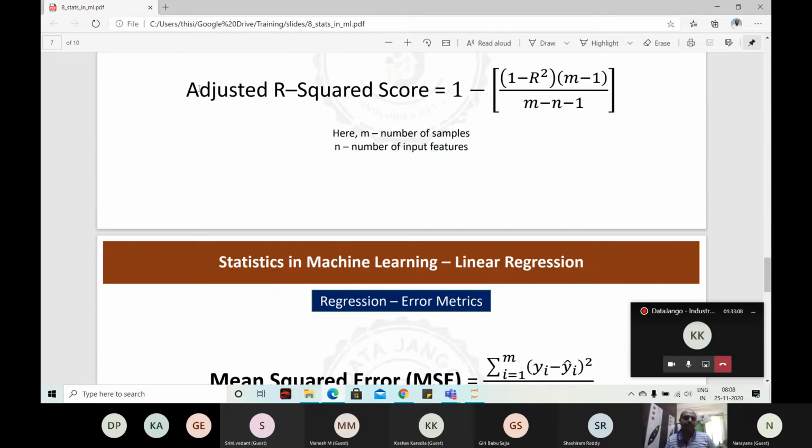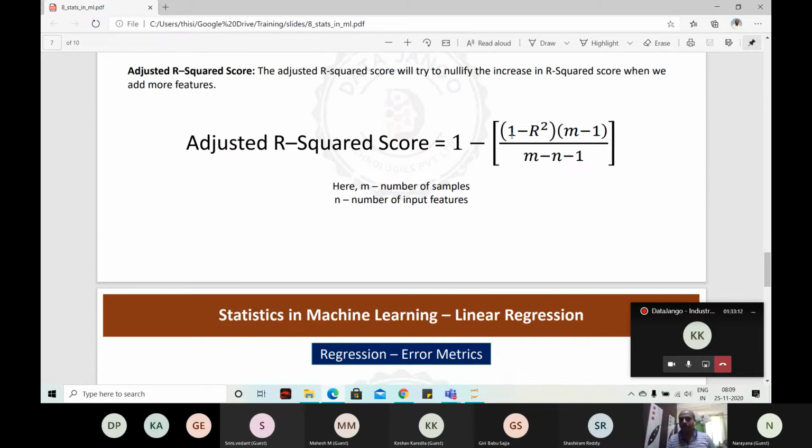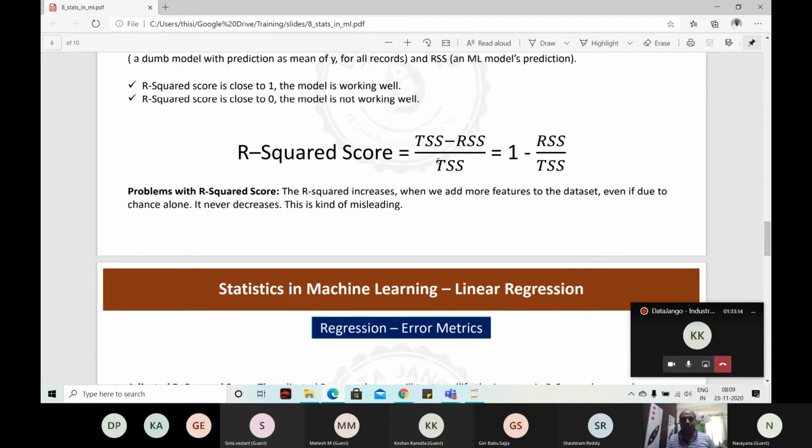The next thing is adjusted R square score. The problem with R square score is that when you have 10 features and build a model, you may get 0.9 accuracy. If you add 2 or 3 more input features and build a model again, you may get a score a little greater than 0.9, even though the newly added features are not important.